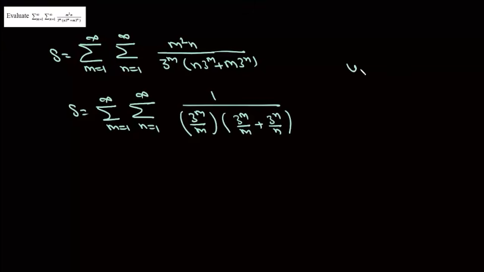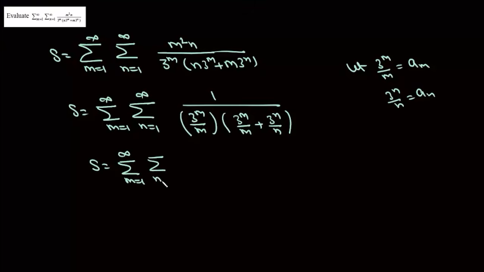Now let 3 to the power m by m be am, and 3 to the power n by n be an. So we can write this sum as this summation m varies from 1 to infinite, n varies from 1 to infinite, 1 upon (am plus an).